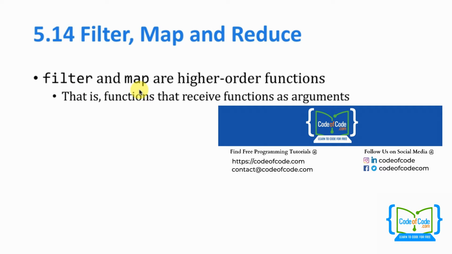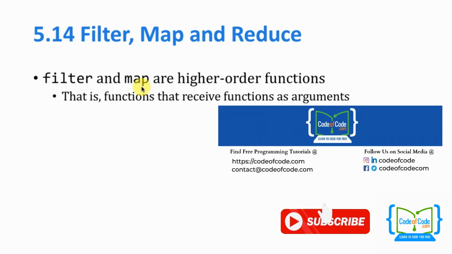Filter and map are functions that are built into Python, and they're examples of so-called higher order functions. That is, they are functions that can receive as arguments other functions that help them perform their tasks. In the case of filter, we're going to give it not only a sequence of elements that we want to filter, but also a function that specifies the condition that each element needs to satisfy in order to be included in the result.